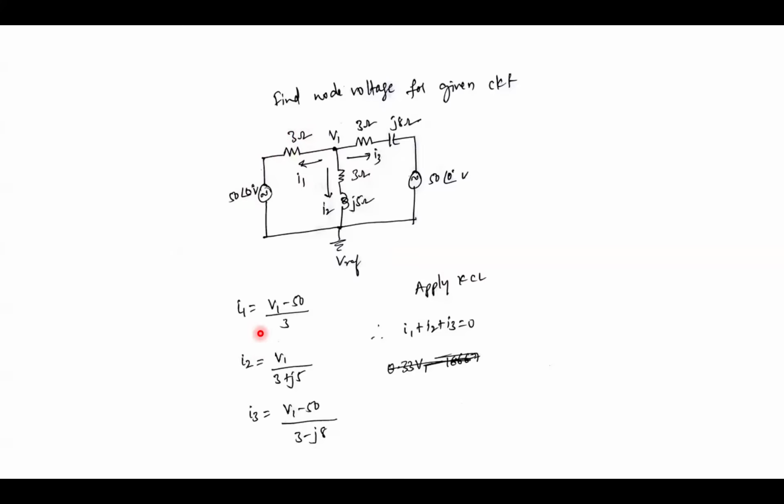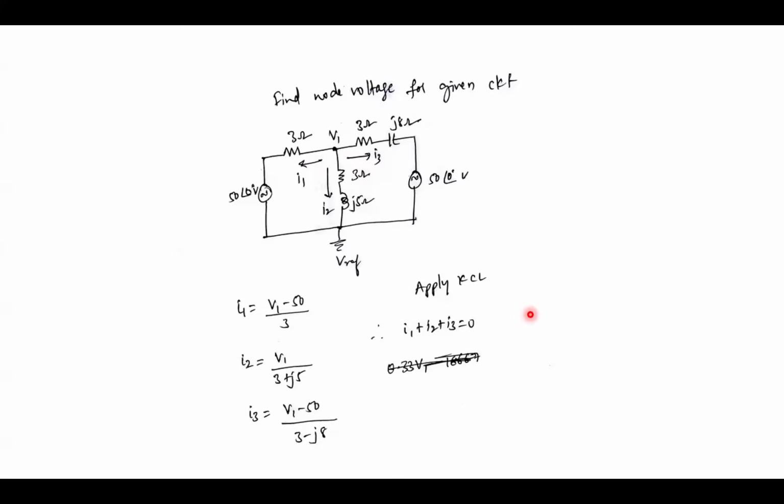Similarly, I2 you are writing as V1 minus 0 divided by 3 plus J5, and I3 you are writing as V1 minus 50 at an angle of 0 degree divided by 3 minus J8. So now we apply KCL at V1, that is all the currents are leaving: I1 plus I2 plus I3 equals 0.